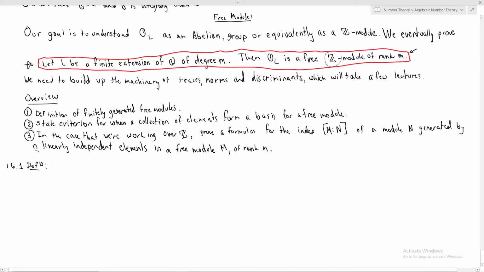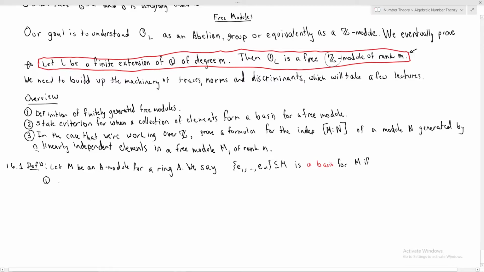Let M be an A module, for a ring A. We say e1 through en, some collection of elements of M, is a basis for M if 2 conditions hold.